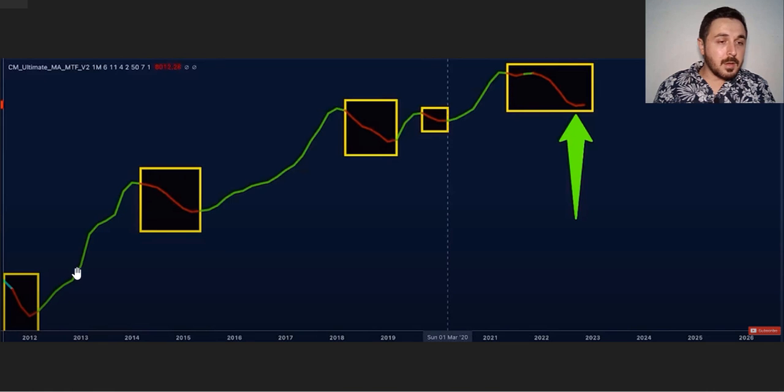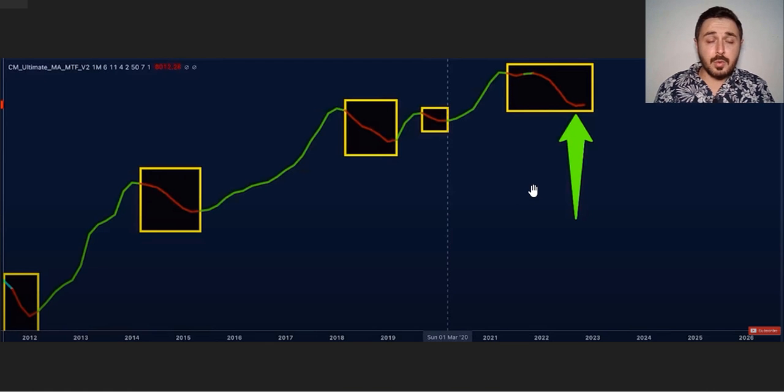The green line is simply a bull run and the red line is simply a bear market. As we said, the market is all about phases. Simply, green line moving to the upside is a bull run. When the line turns to red, that's when we start having our bear market. You can see over here 2012 bear market, 2015 bear market, also our current bear market.